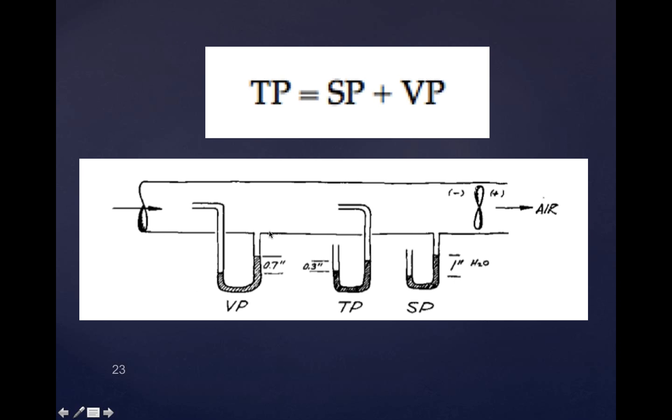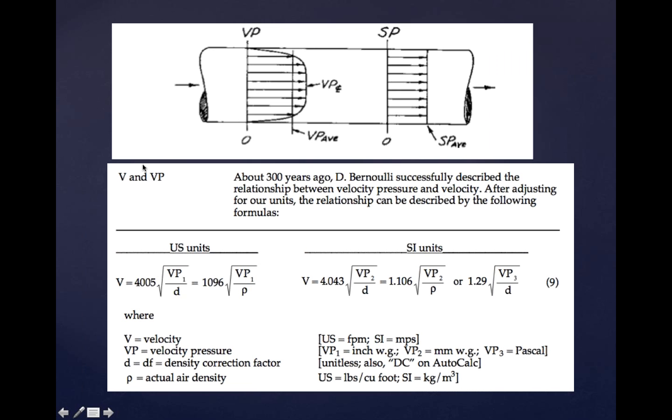Make sense? Right? Now, the way a pitot tube works is that it does both at the same time. This side is measuring the static pressure, right? This side is measuring the total pressure, right? So the difference between the two of them is what? The velocity pressure, right? This is measuring total pressure because it's in the ductwork facing in the direction of the flow of air.